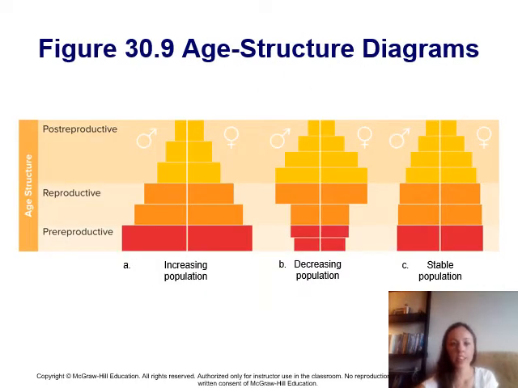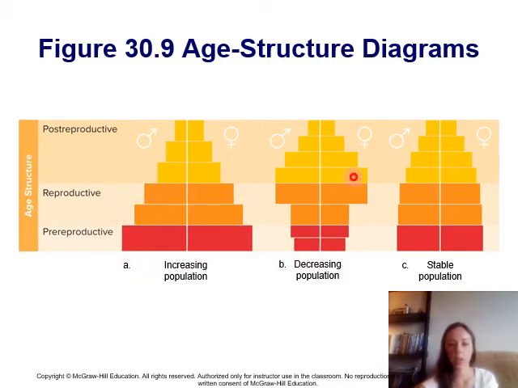A population that is increasing in size is represented by a triangular graph. A decreasing population is represented by this top-heavy graph here, and a stable population is represented by a columnar graph, as seen here. As can be seen, an increasing population has more young people, more of the pre-reproductive and reproductive people.